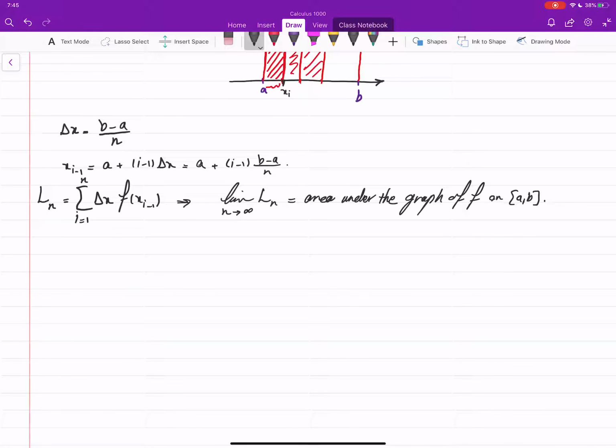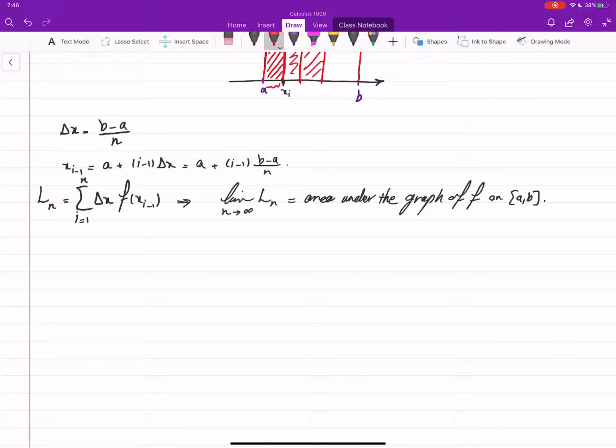You may say, okay, wait a minute. Before, you found the limit of R_n, the right endpoint approximation, and you said that is the area under the graph. Now you're saying L_n gives the area. Which one is it?